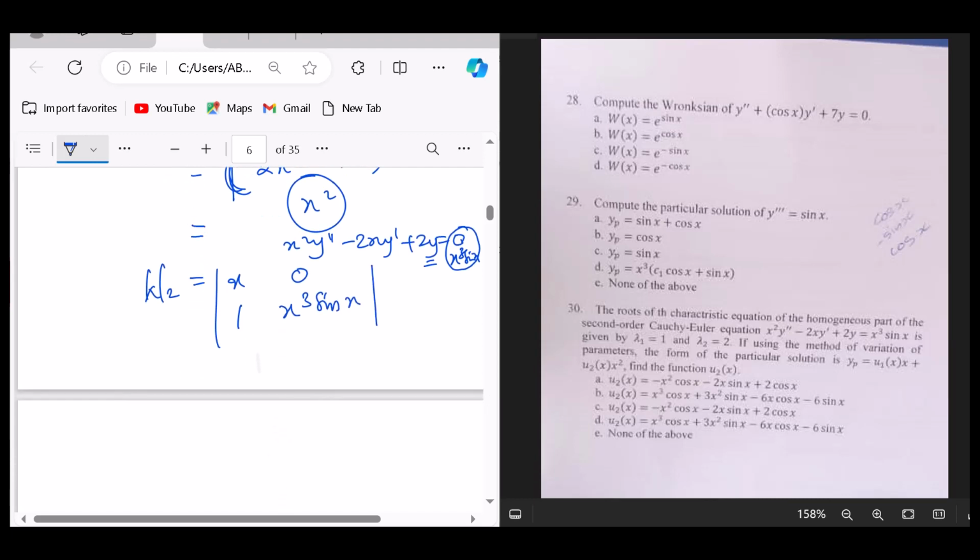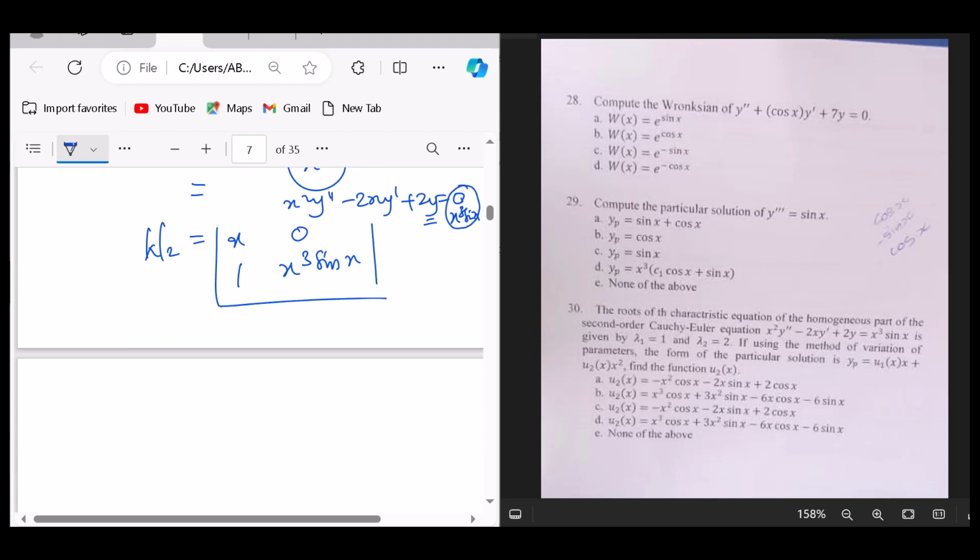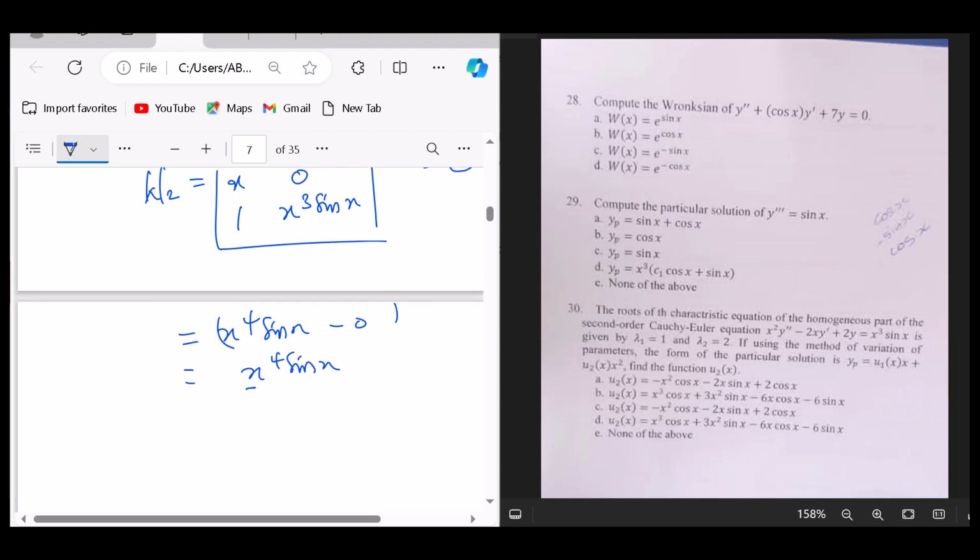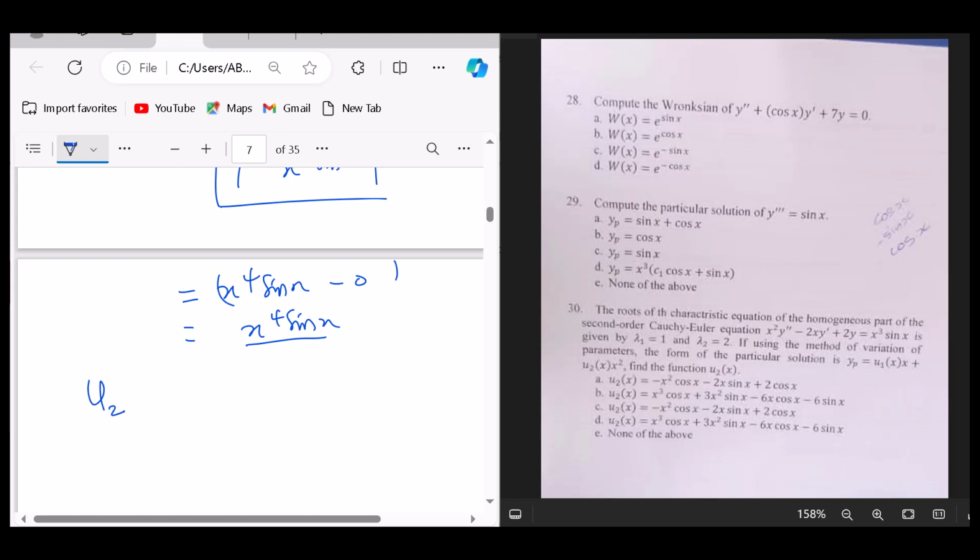Here we just have to find the determinant of this. So this will have x power 4 sin x minus 0, and this is just x power 4 sin x. So this is our second Wronskian, but our u2 prime is equal to the second Wronskian over the Wronskian, and the second Wronskian is x power 4 sin x over the Wronskian itself, which is x squared.